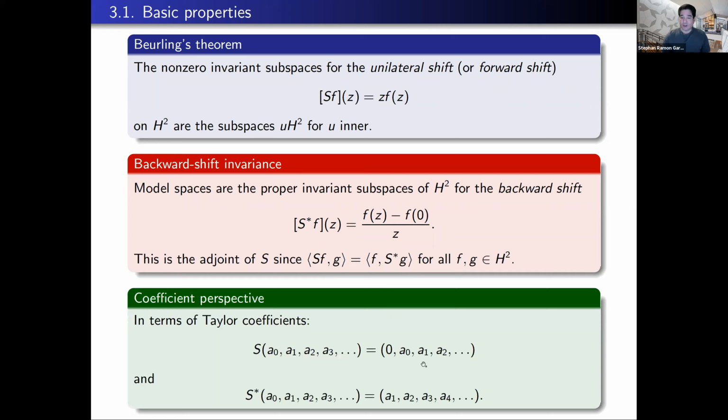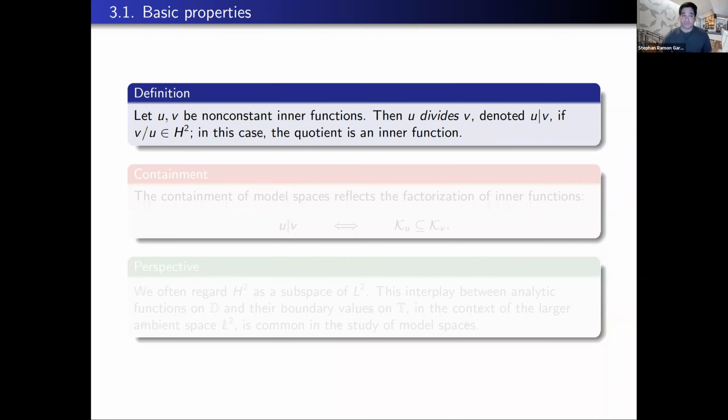The forward shift operator is just shift forward and insert a 0 at the front. The backward shift is, as its name implies, the backward shift. You just chop off a 0 and shift things to the left, so you shift in the backwards direction. So the model spaces are the backward shift invariant subspaces of H2. That is the point here.